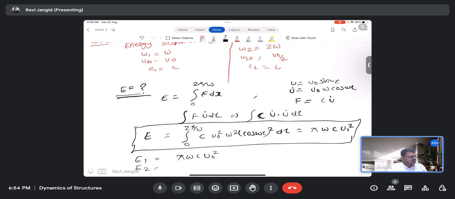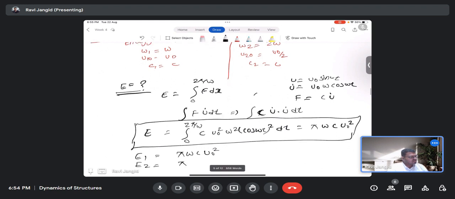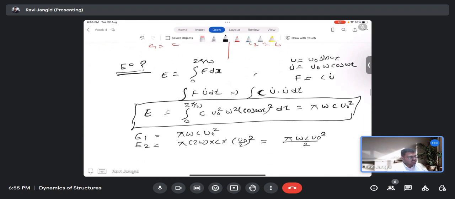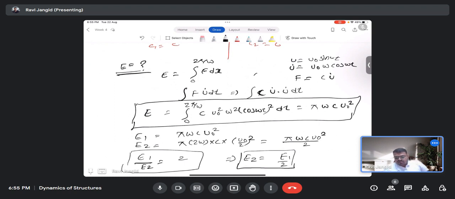E2 would be pi into 2 omega into c into u naught by 2 square, which becomes pi omega c u naught square by 2. So E1 by E2 becomes 2, so E2 is half of the energy. The energy becomes half if I do this.